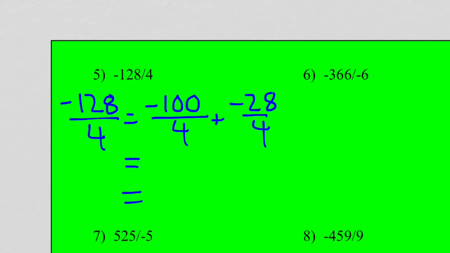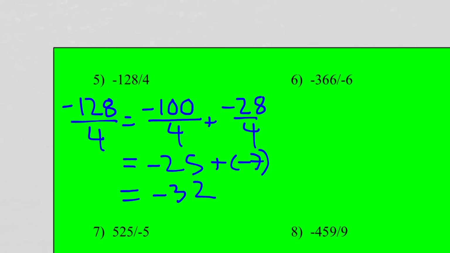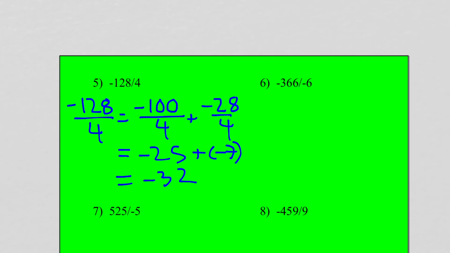And when you divide this in parts, you get negative 25 and you get negative 7. And again, you come up with that same answer of negative 32. I think it's important to be able to play around with numbers. It really develops number sense when you can do that.